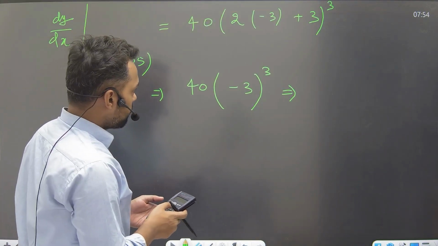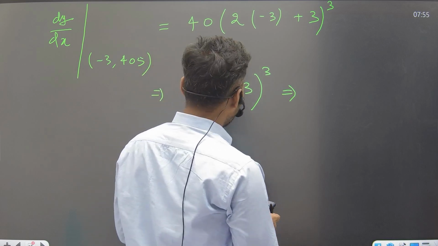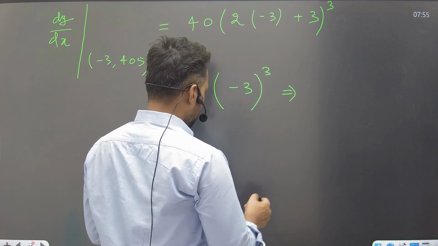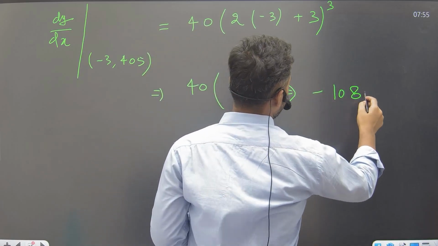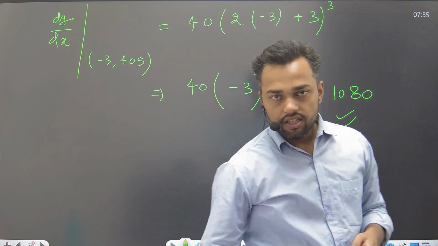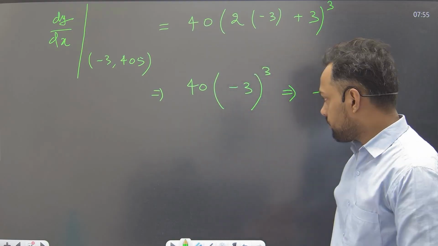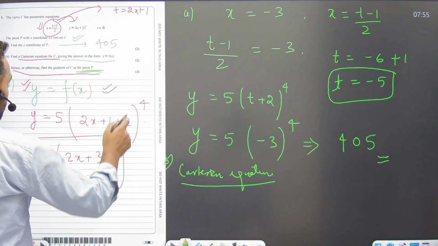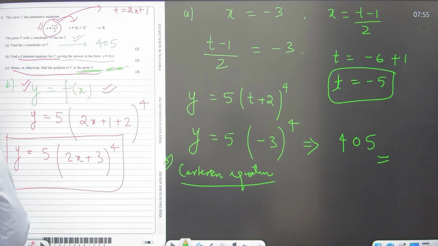So 3 power 3 will be 27, 27 cross of 40 will be equal to negative 1080. This is the gradient we get at the point P for this particular question.